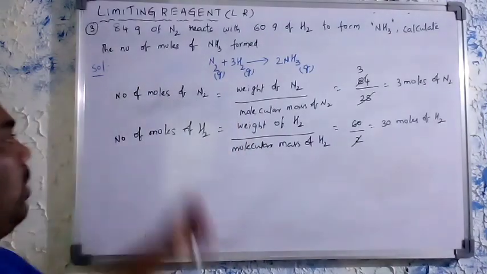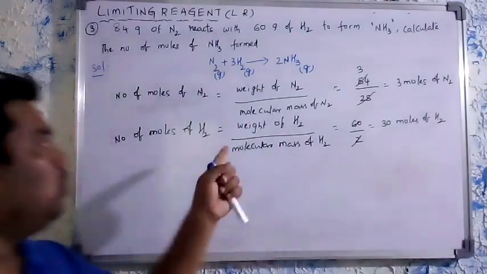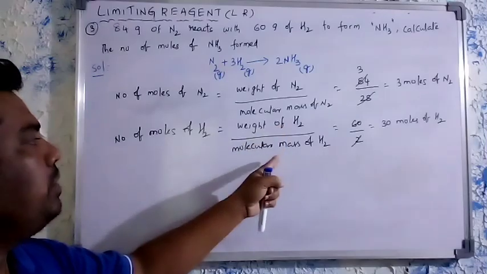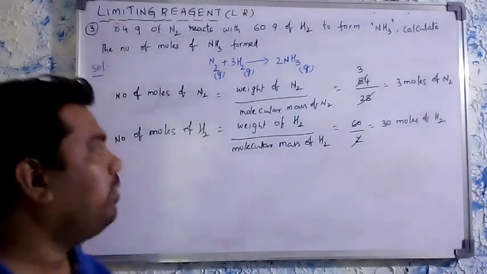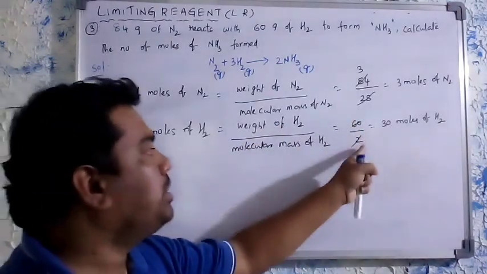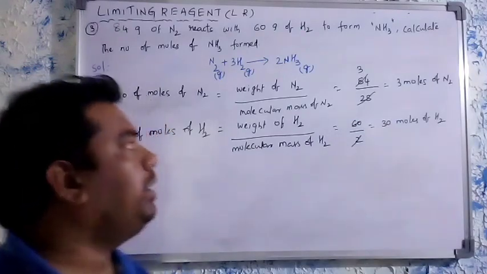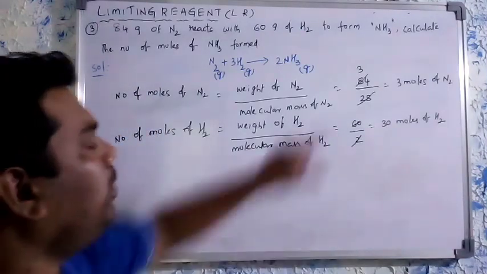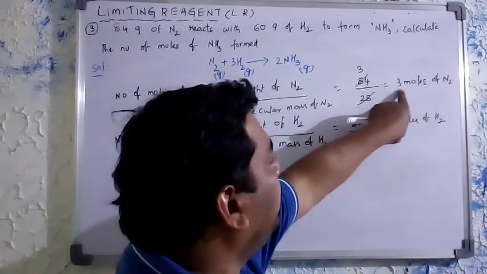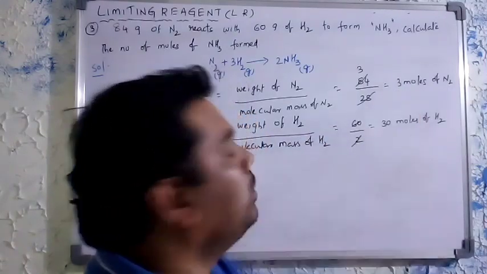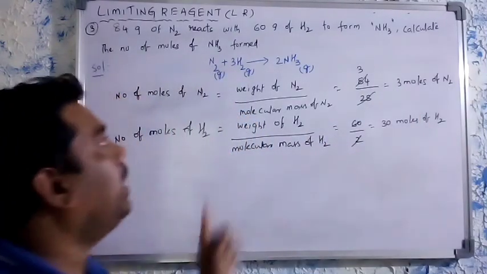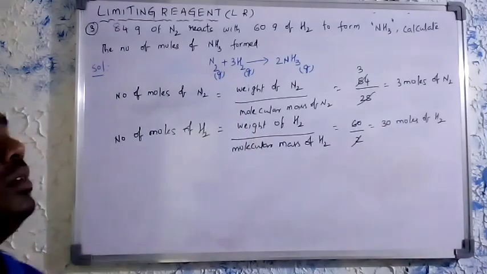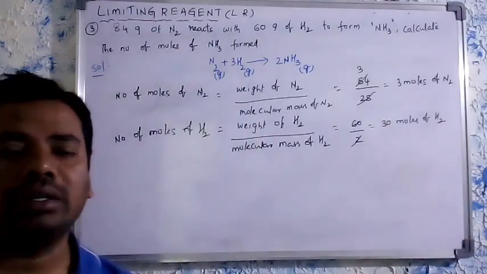And number of moles of hydrogen is equal to weight of hydrogen divided by molecular mass of hydrogen, that is 60 by 2, that is equal to 30 moles of hydrogen. So here we get 3 moles of nitrogen and 30 moles of hydrogen reacting with each other to form the product ammonia.